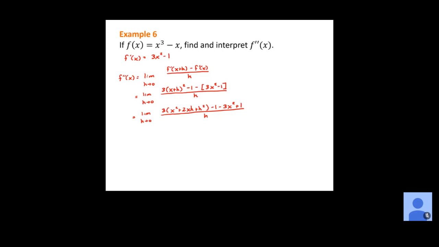All right, now this time we do need to distribute at this point, so I'm going to distribute my 3, and then we can combine like terms. We have 3x squared plus 6xh plus 3h squared minus 1 minus 3x squared plus 1 all over h. Okay, now this time, if we combine like terms in the numerator, what's going to be left?